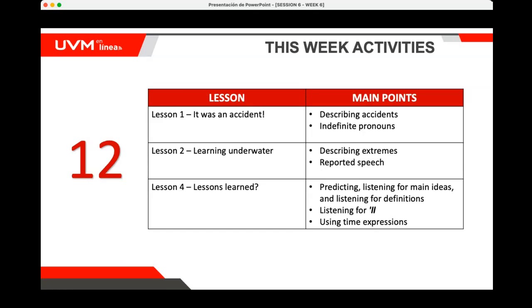For example, listening for "I'll," which in this case is a contraction. We need to be aware of that. I don't think the most important thing we need to learn is how to listen for all, but to understand that we need to be careful with contractions, not only in listening but also in speaking, okay?